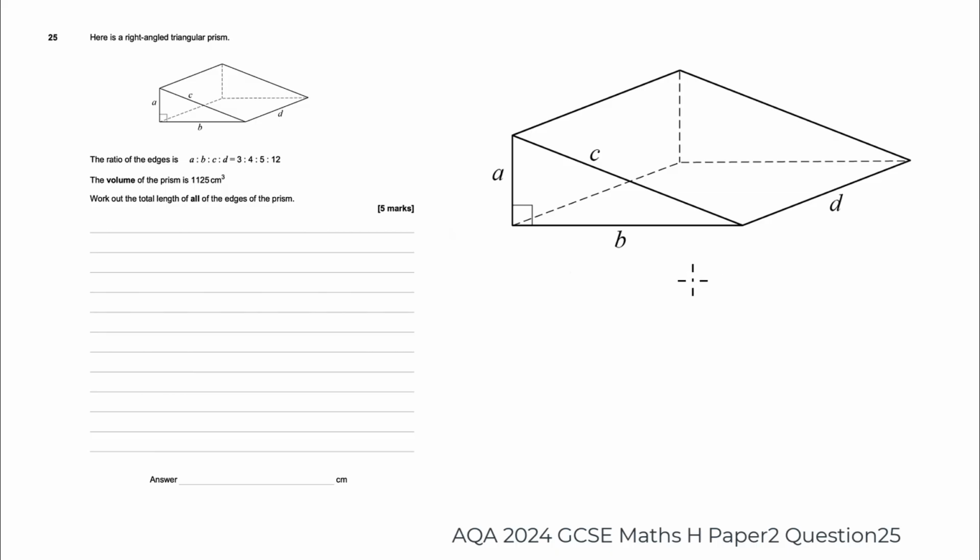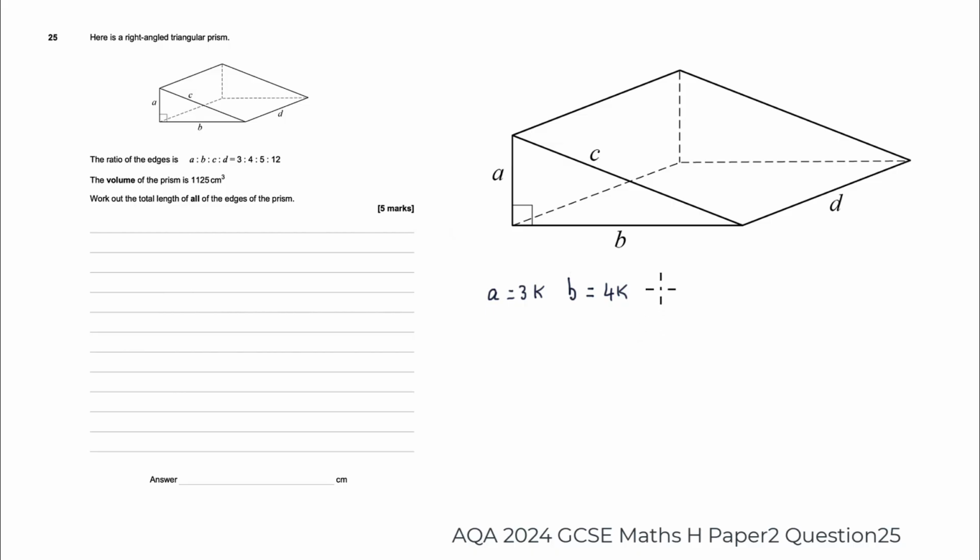So what we can say is that A is 3 times something. If it was 1, then this would be 3. But it could be 2, in which case this was 6, and so on. If A is 3k, then B would be 4k to keep the ratio correct.